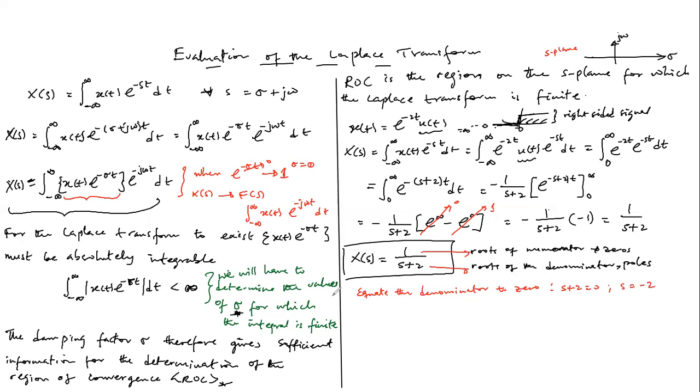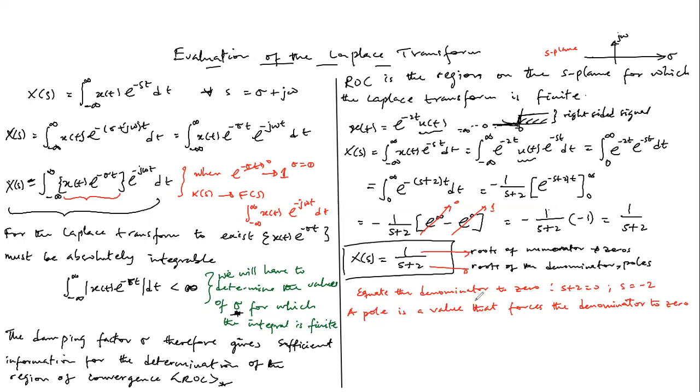So that is a pole. So a pole is a value that forces the denominator to 0. Okay? So because when s is minus 2, s plus 2 is equal to 0. So that is a pole.